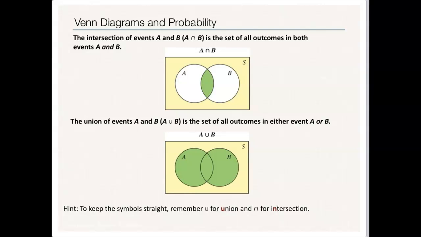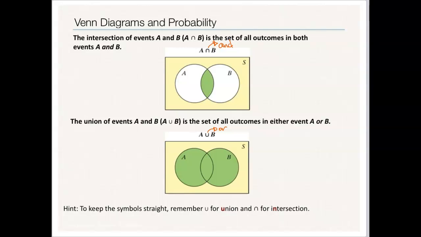So A and B is illustrated by the shaded area there. That's where they intersect. A or B is illustrated by the shaded area in the bottom one, which is everything inside both circles, including the overlap, right?